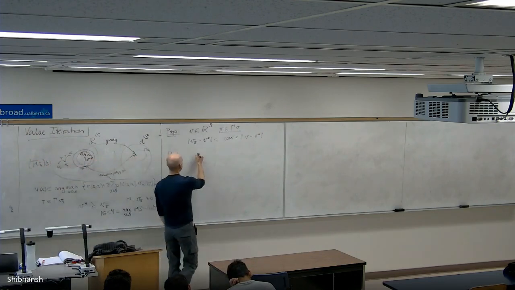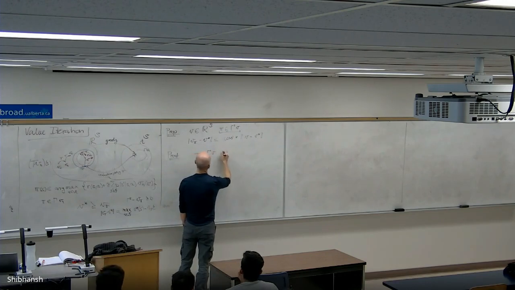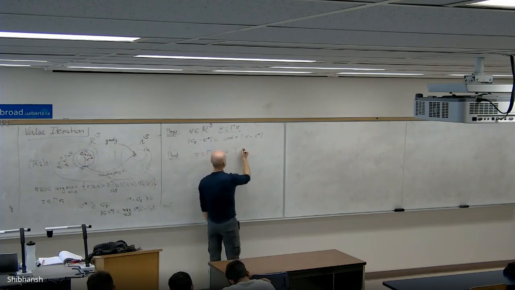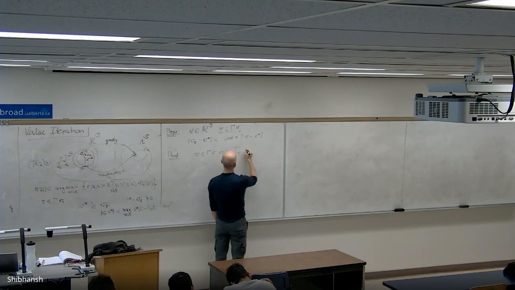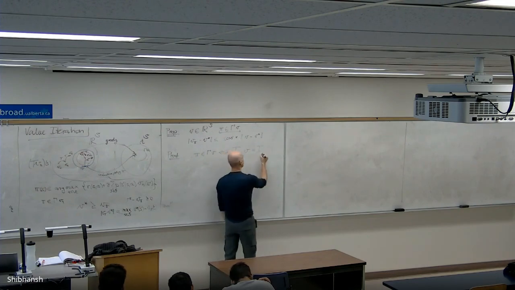So greediness, so pi is greedy with respect to V, is the same thing as saying that the policy evaluation operator applied to V gives you the same result as if you're applying the Bellman optimality operator to V.